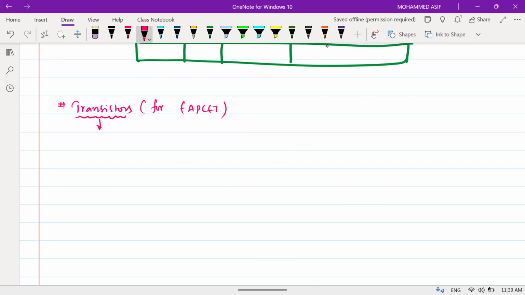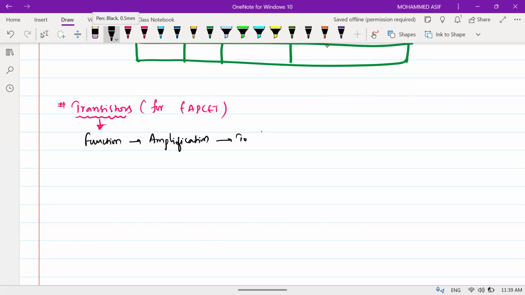So what is the basic function of your transistor, beta? It is used to convert the weak signal to a stronger signal. So that is the basic role of your transistor. It will work as amplification. What do you mean by amplification, beta?